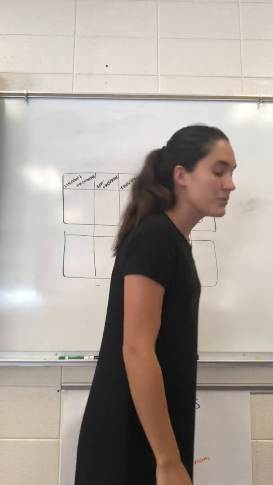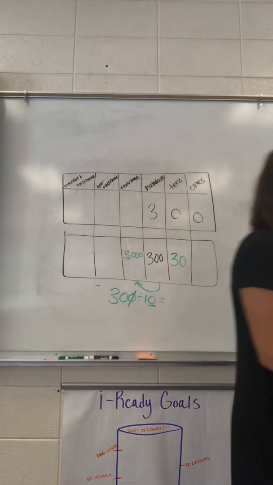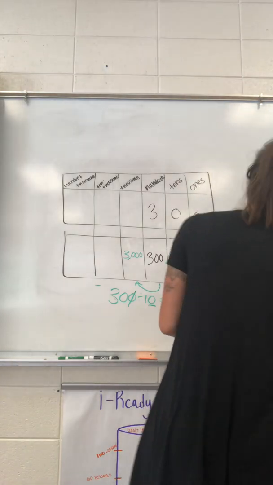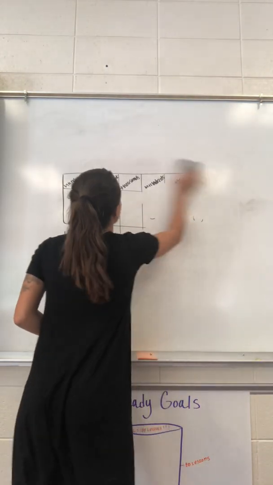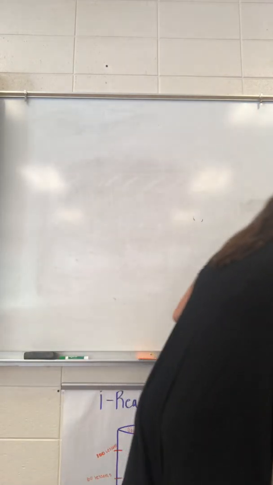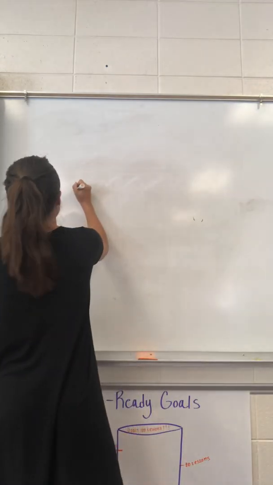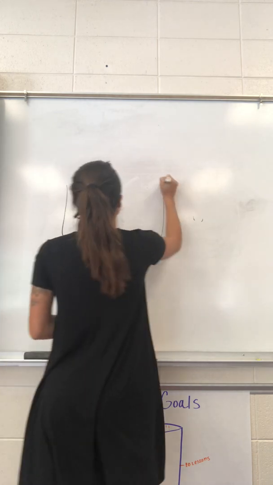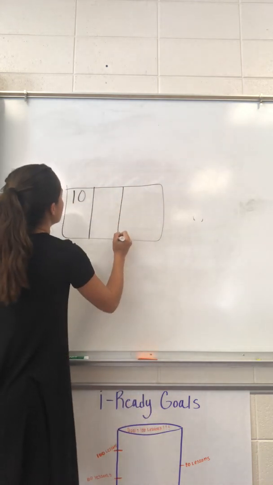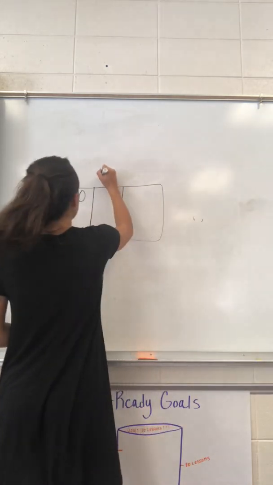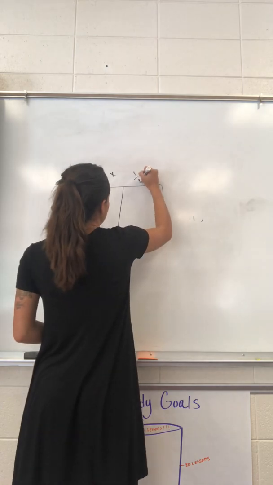All right, we're going to go over one more problem. You're going to turn to page 7. We're going to look at number 5. So I'm going to fill in this chart. We've got the number 10, so we want to know 10 times, and then 1/10.